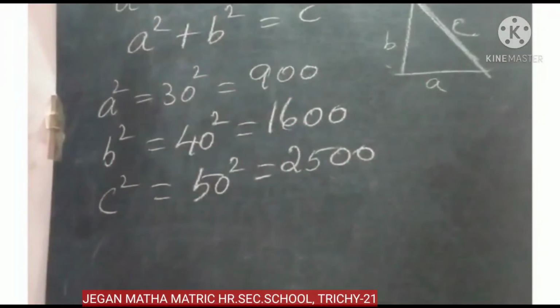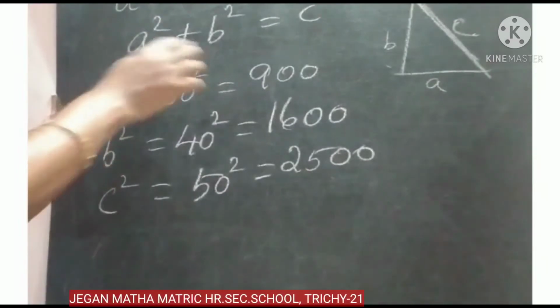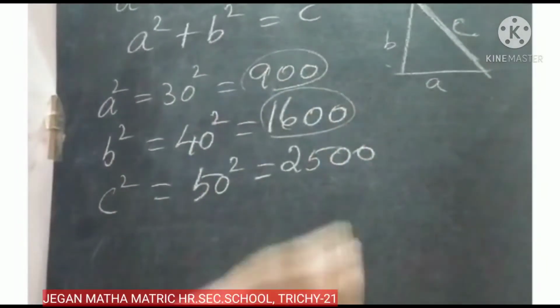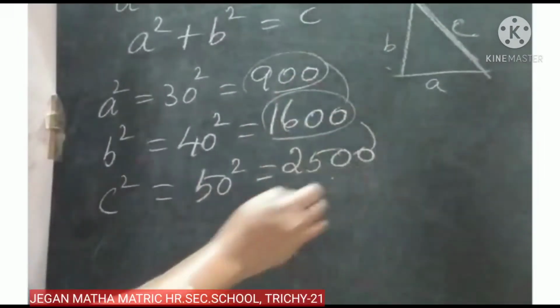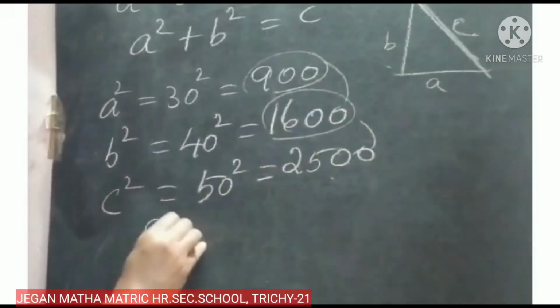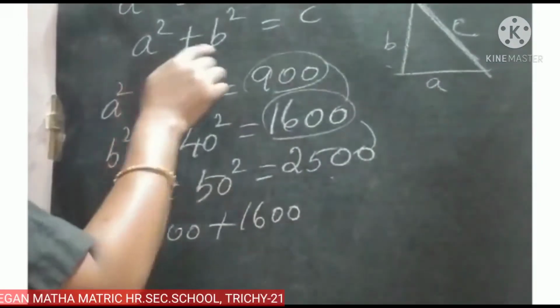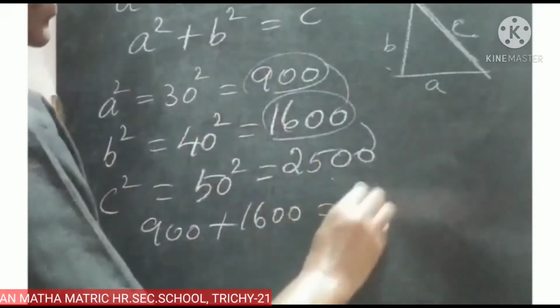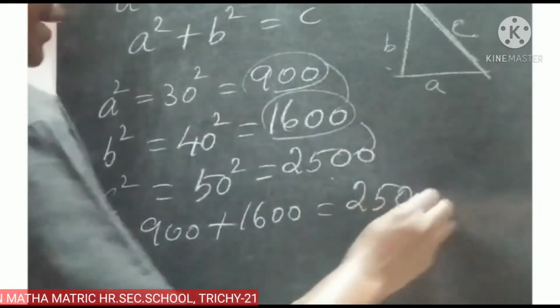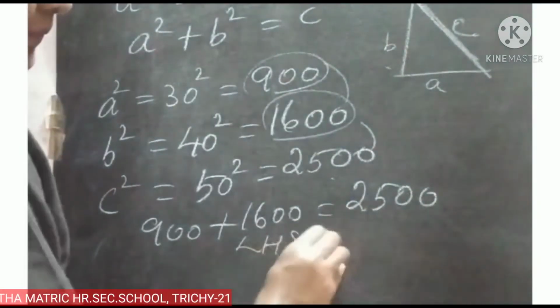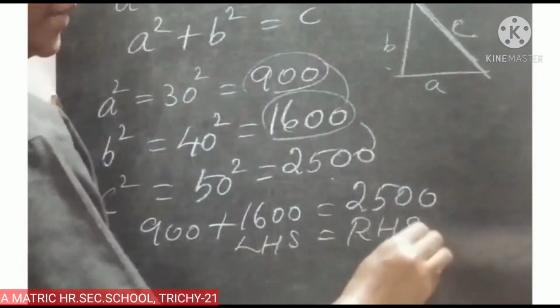So you have to find out like this. Now you have to check it: A square plus B square. A square value is 900 plus 1600. You have to add these two and you will get 2500. So A square plus B square equal to C square, 2500. So LHS equal to RHS, both are equal.